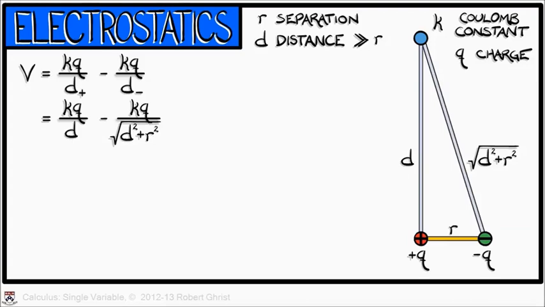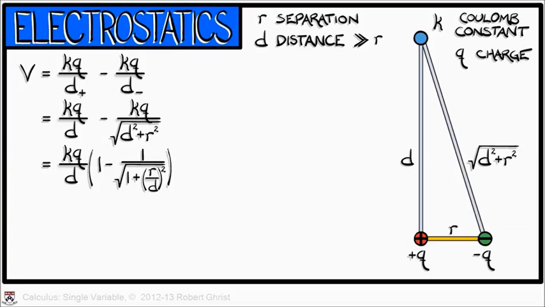We could stop there, but let's simplify this as much as possible. If we factor out kq over d, then we get a 1 from the left term. From the right term, we get 1 over square root of quantity 1 plus r over d quantity squared.